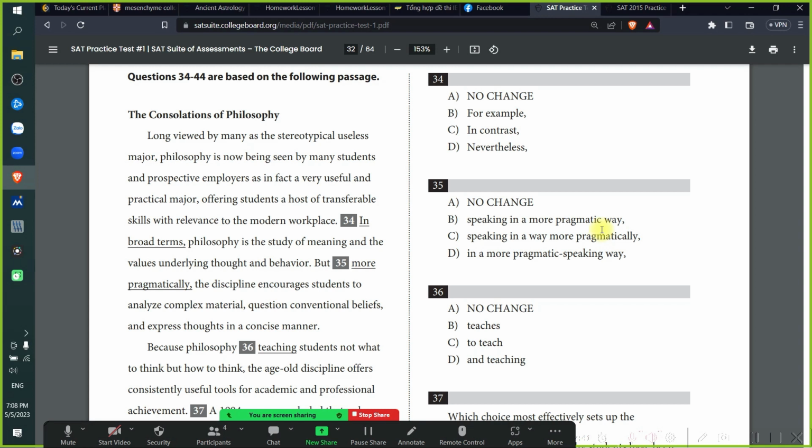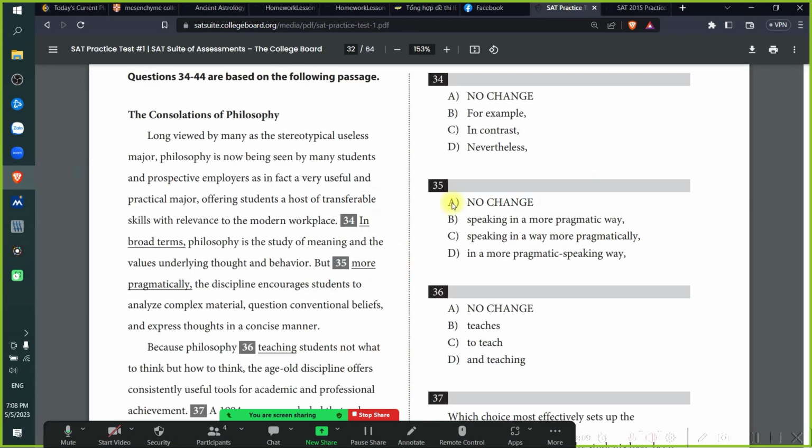Here, you only need but more pragmatically. It's enough. Chỉ cần là nhưng mà một cách thực tế hơn, phải. Thay vì là nhưng mà nói trong một cách thực tế hơn. Cần gì phải như vậy? You do not need to use so many words here. It's too wordy. Quá dài dòng. So 35, it's no change.